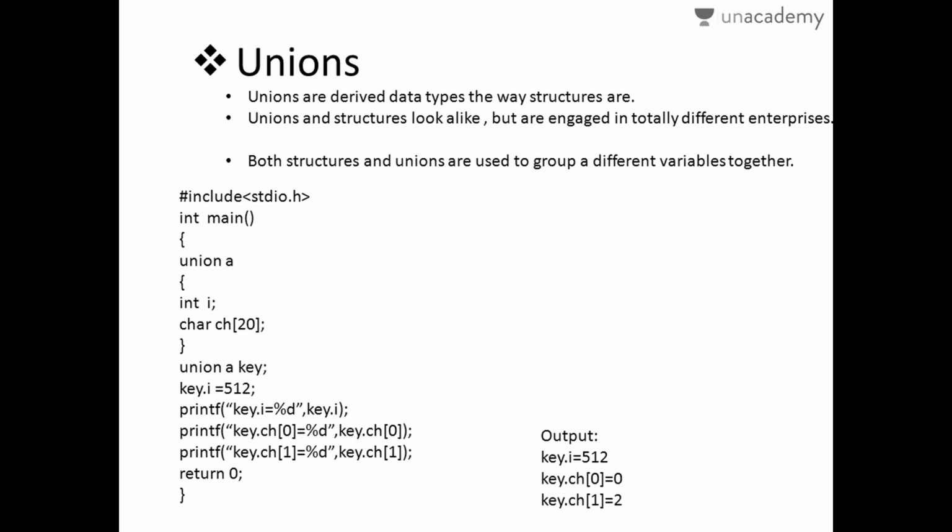The only difference between structures and unions is that structures can store different data type values which are located in different memory locations, whereas a union can only store data type values that are located in one location. Okay, that is the only difference. These are however used for grouping different variables together.